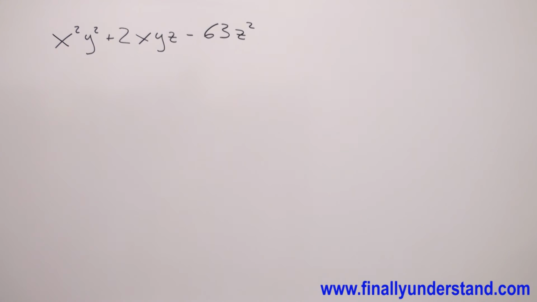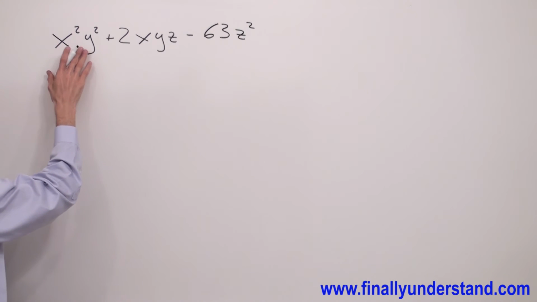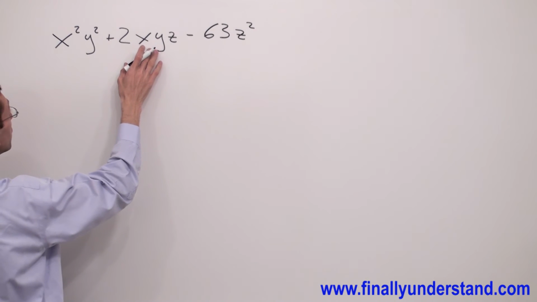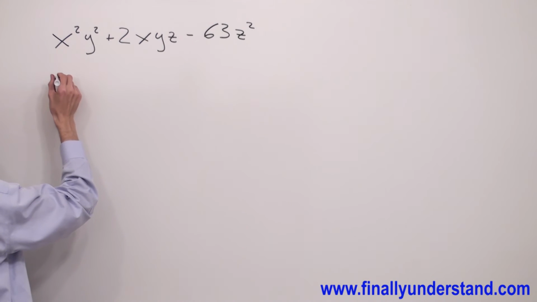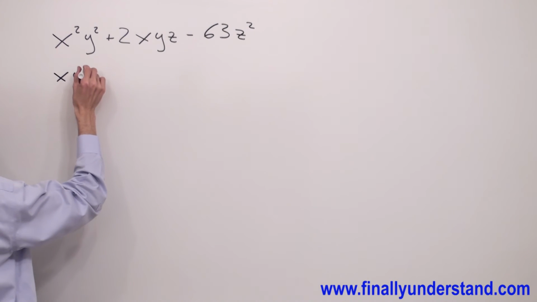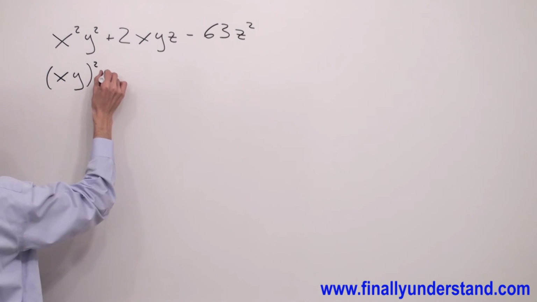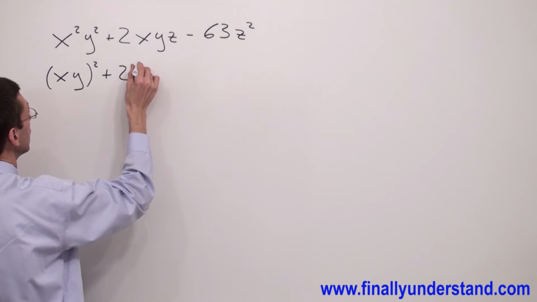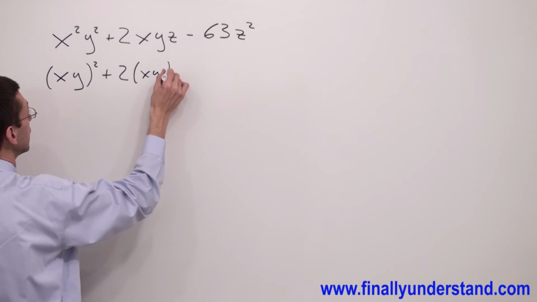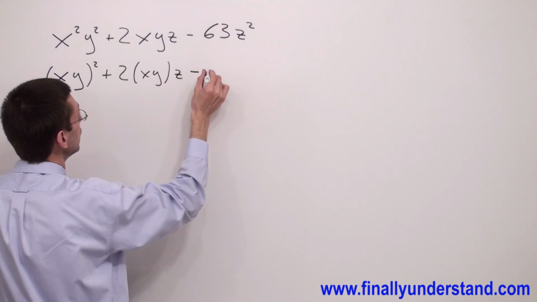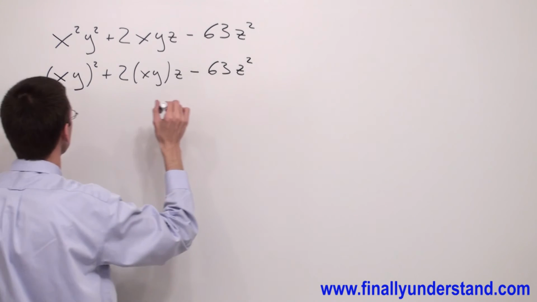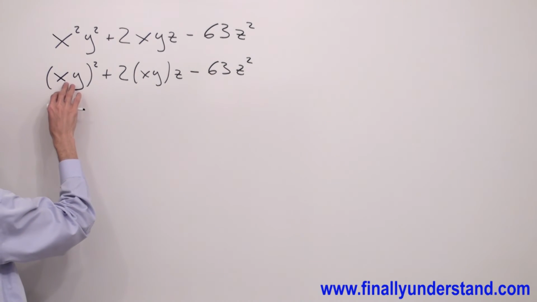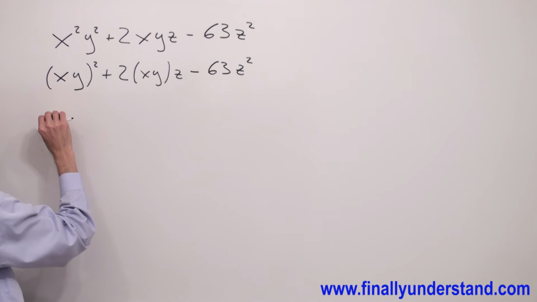Let's take a look at the second example. We have a very similar situation. I have x squared, y squared, and I have xy. Again, I'm going to use the properties of exponents. I'm going to rewrite this problem as xy to the second power plus 2xyz minus 63z squared. Okay? I'm going to treat xy as one variable.